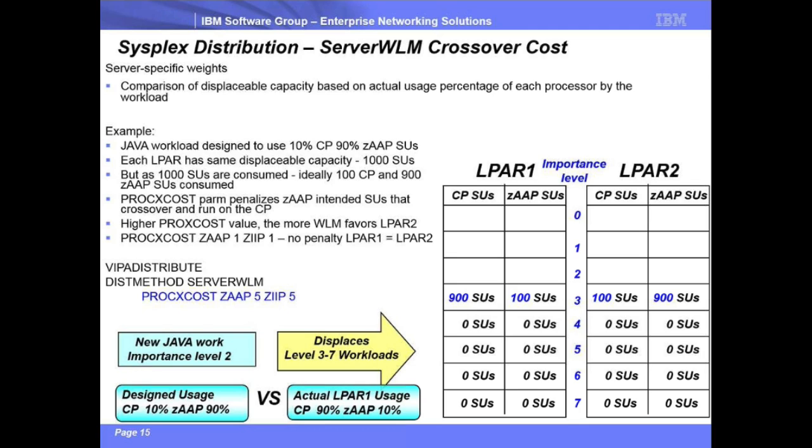If the zAAP and zIIP processor crossover cost is a 1, it means that there should be no penalty. In that case, as a Java workload arrives, it would prefer LPAR1 and LPAR2 equally. However, if a higher crossover cost is configured, say zAAP5 and zIIP5, then as the Java workload arrives, it would prefer LPAR2 over LPAR1.